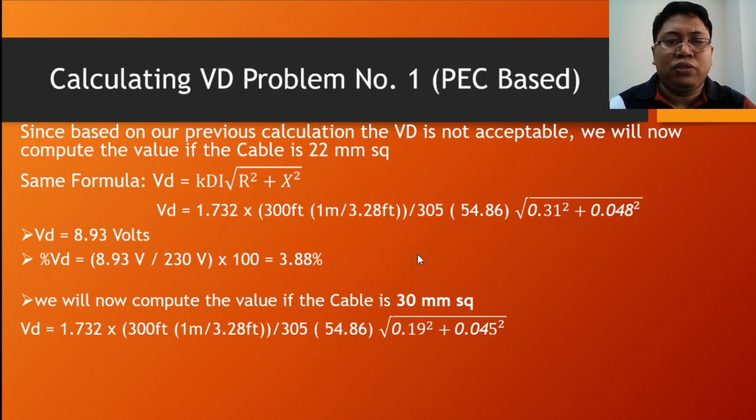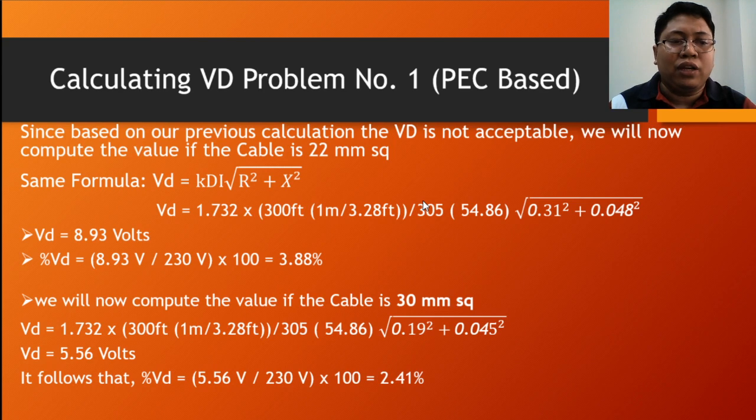And that will result to 5.56 volts. Divide natin by 230 times 100 para makuha natin yung voltage drop niya. Okay, so it follows that percent voltage is equal to 2.41%.